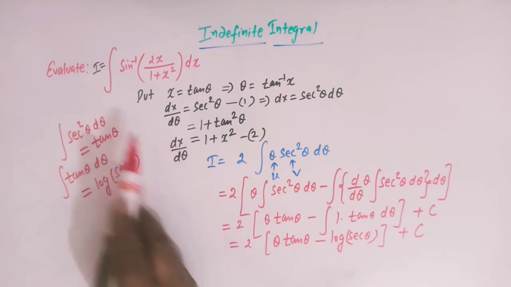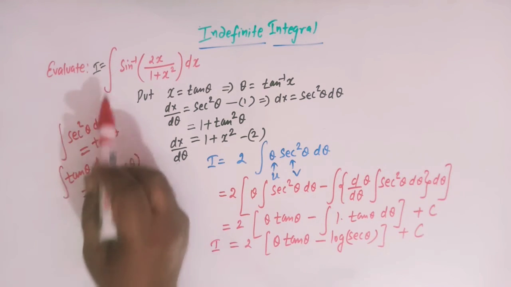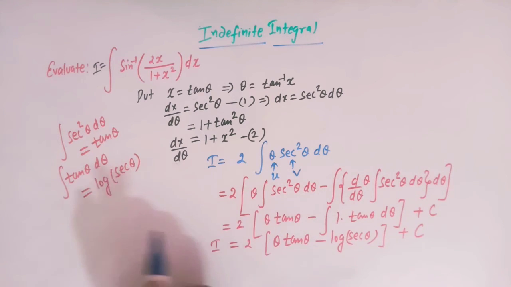So viewers, the value of this integral I is given by this expression, but this expression is in terms of theta. Now we have to express this in terms of x.